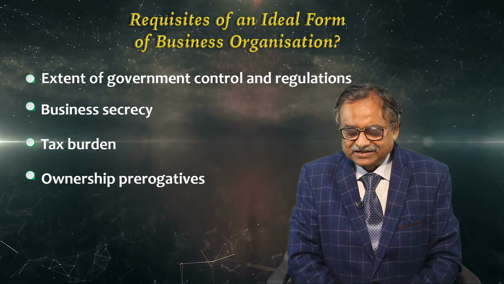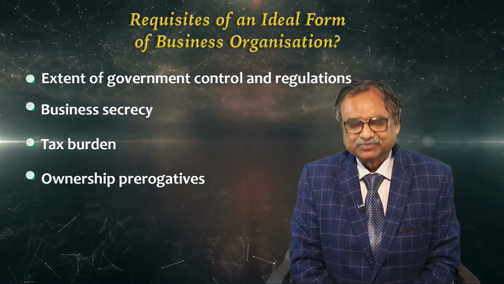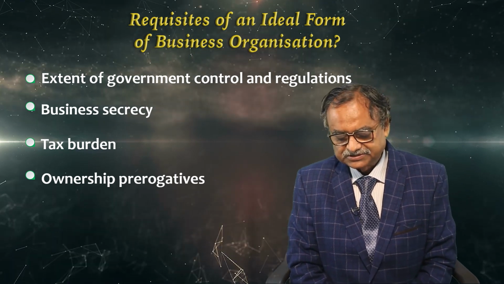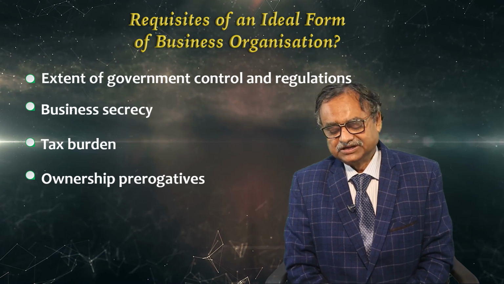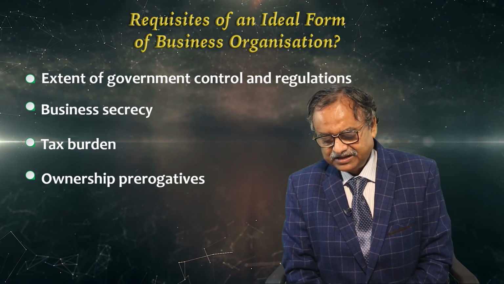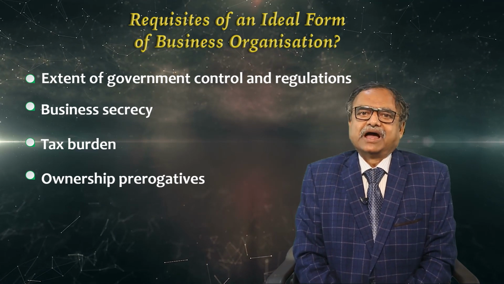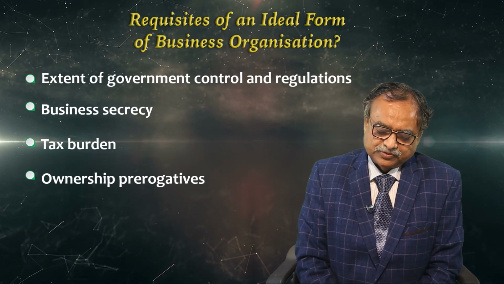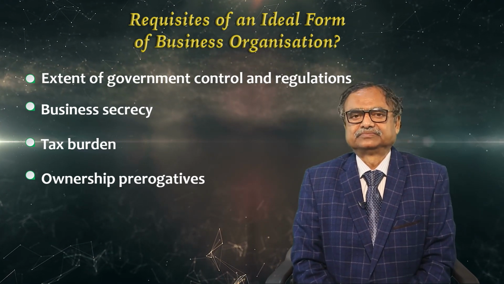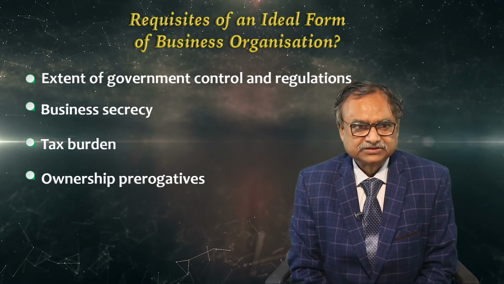As a result, they may prefer less participation in the business. Somebody would like to have more participation and may take more risk, somebody wants less participation and may take less risk. Therefore, these are the prerogatives of the owner of the business, and you have to think about where you want to take less risk, less liability, more liability, etc. And based on that, you have to select the form of business organization.